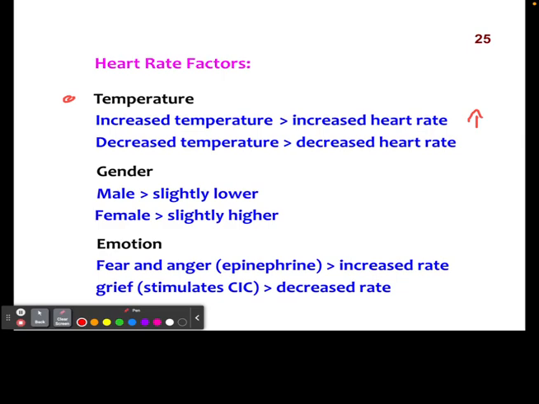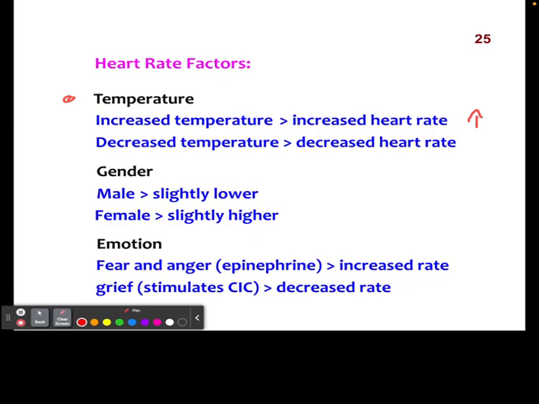The reason for that is you're sending more blood to the superficial tissues, the ones closest to the outside of the body, so that they can cool down. The air around you and the environment will try to cool that down. So you increase heart rate in an attempt to cool down the blood using the air on the outside of the body.